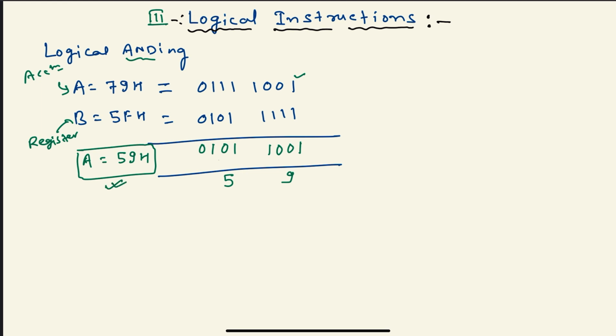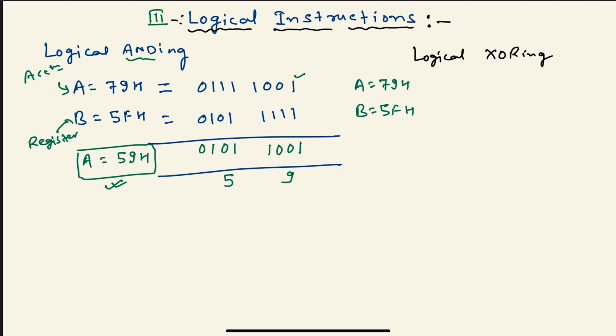Now we will see the logical XOR operation. Let's take the same numbers here, A is equal to 79H and B is equal to 5FH.